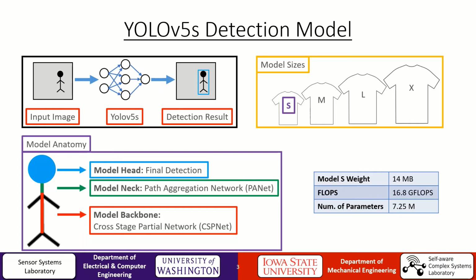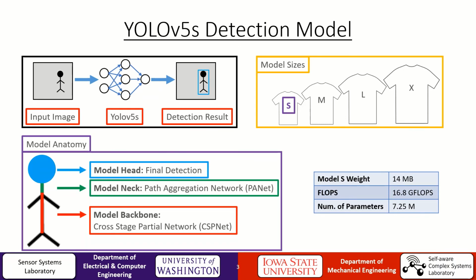From the bottom up, the model backbone is a feature extractor, whose main role is to extract rich and useful features from the input images. Many backbones have been developed and proposed over the years, and in YOLO V5, the cross-stage partial network, or CSP network, is used as the backbone.